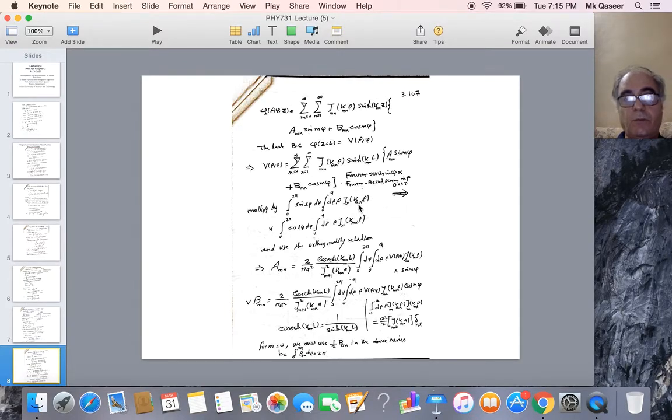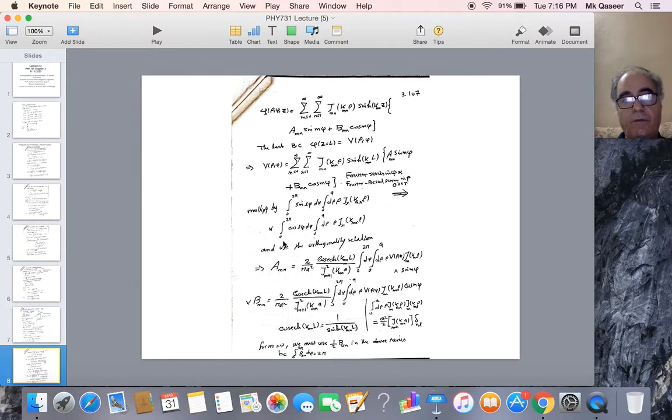Now to find the constants, first we multiply from left by sine l phi d phi between 0 to 2 pi and 0 to a d rho rho J_m k_mn rho, to use the orthonormality of J and the orthonormality of the sine l phi.